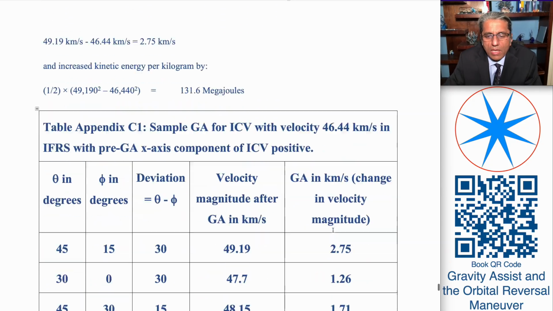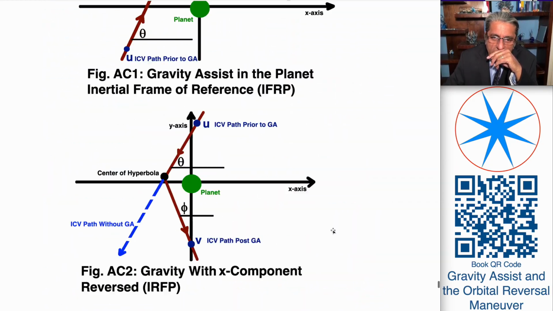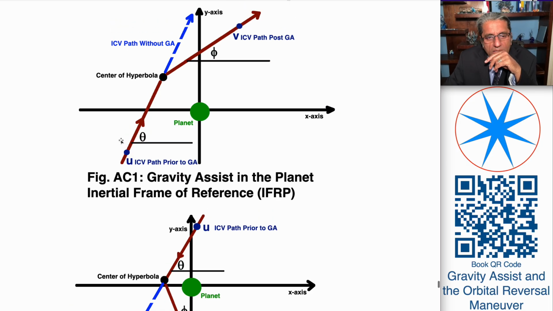Okay, we also have this other situation. In this situation, the spacecraft was actually approaching the planet from behind, and we had a small increase in gravity assist depending on the angles, or a significant fall in the velocity from gravity assist.